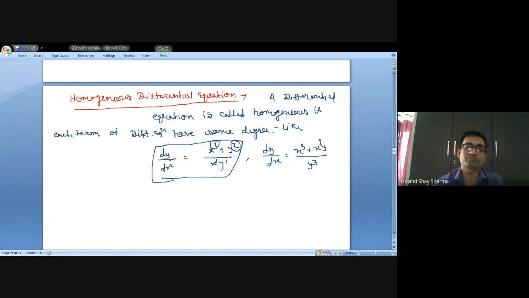So all terms have degree 2. Similarly in the second, x cube has degree 3, x square y has degree 3, and this term has degree 3. All terms in dy upon dx have the same degree. This is called a homogeneous differential equation.